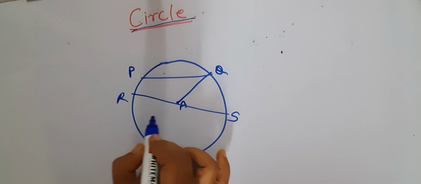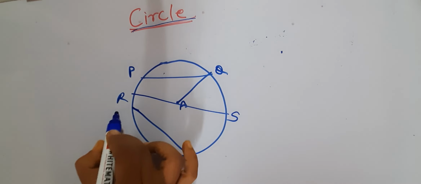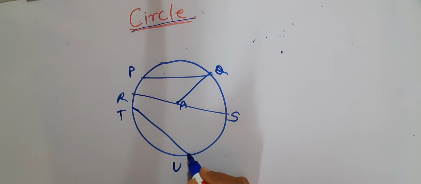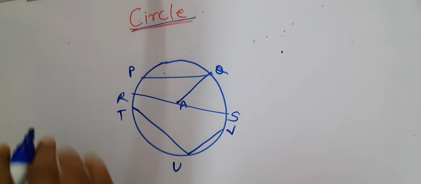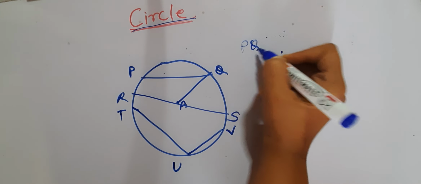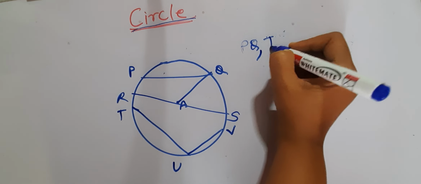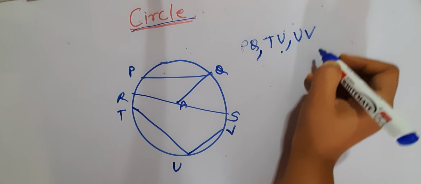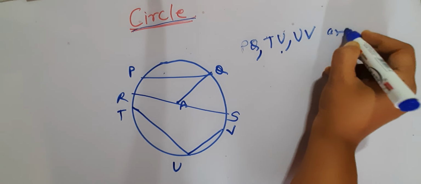Then they have TU and UV. And they have asked: in the given figure, PQ, TU and UV are dash of circle.